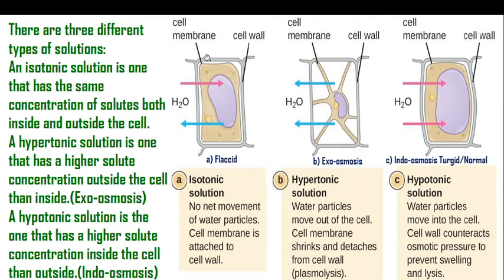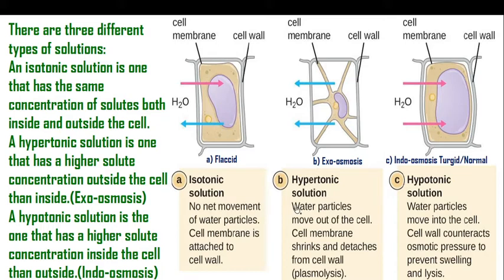Here is the cell membrane, this was the gray colored cell wall, and whatever is present inside the cell membrane is the protoplasm. So when the cell is placed in isotonic solution, it becomes flaccid.